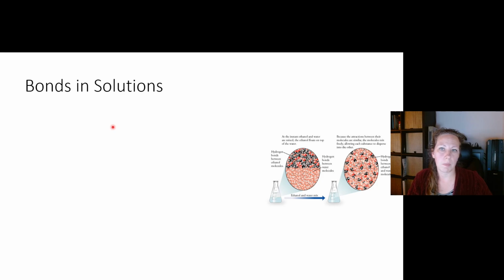Okay, so now let's talk about bonds with water in solutions. We talked about water bonding with itself. We've talked about water bonding with the container it's in, or what it is on top of or underneath, the adhesion, and those polar bonds.